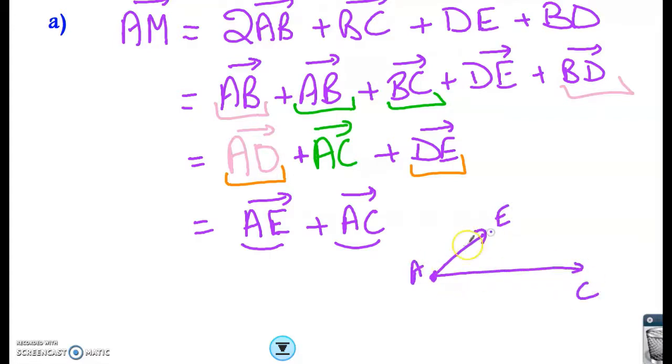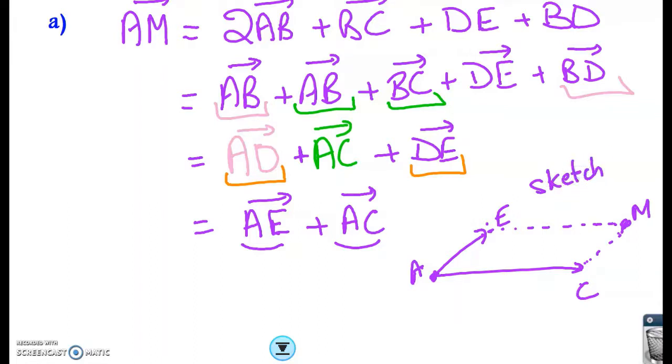We know that AE plus AC, since they start from the same point, should be AM, where M is the fourth vertex of the parallelogram EACM. Okay, so this is just a sketch, it's not the answer.